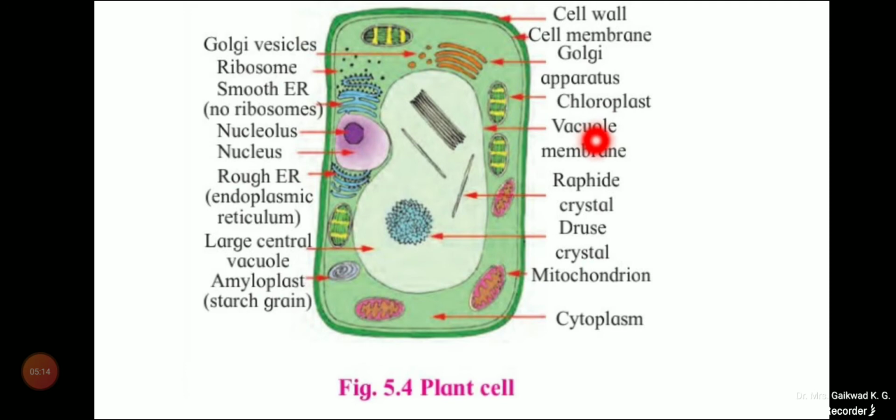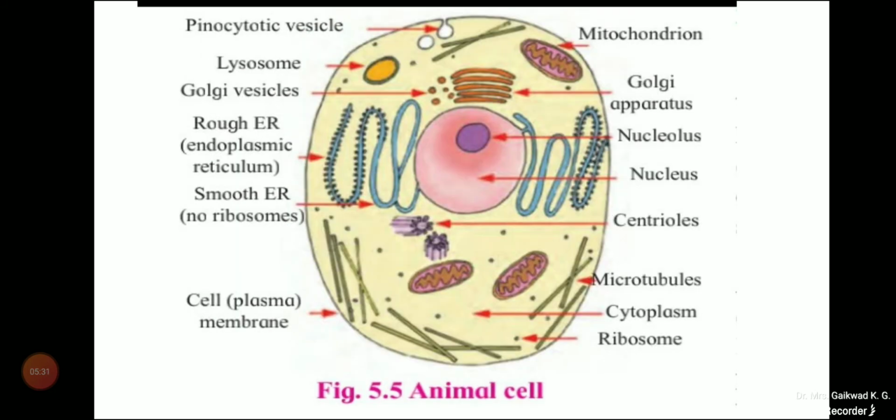These chloroplasts have a special role in photosynthesis. Again, another similar feature is the cytoplasm. Cytoplasm is there here also in the animal cell.